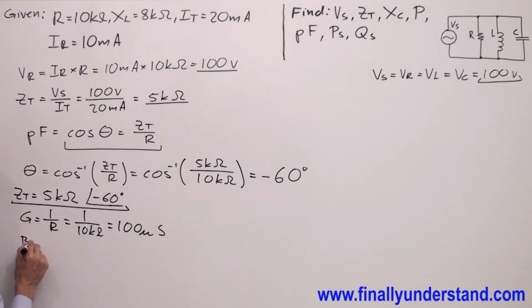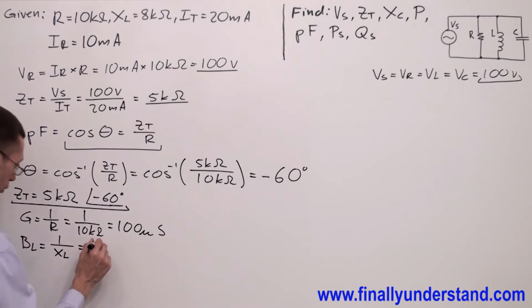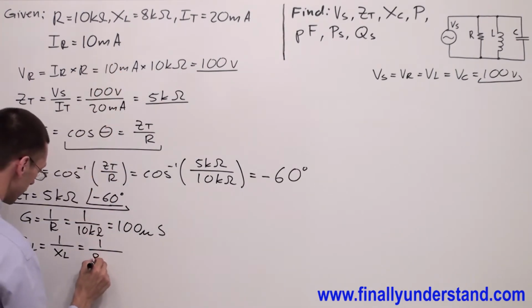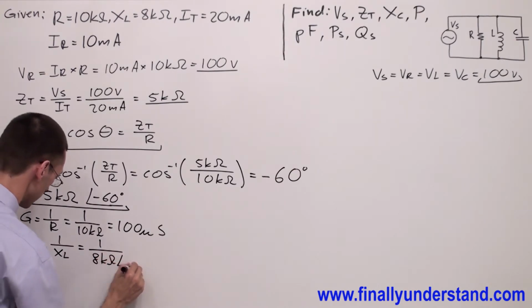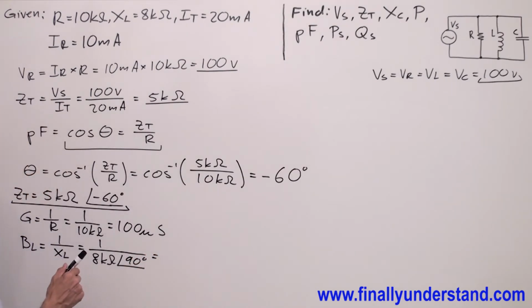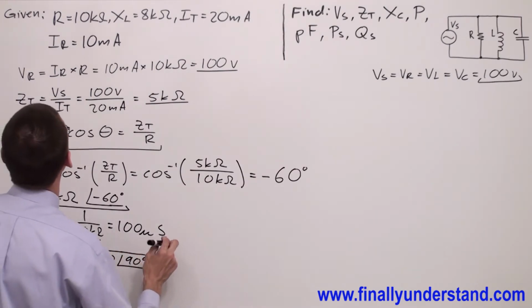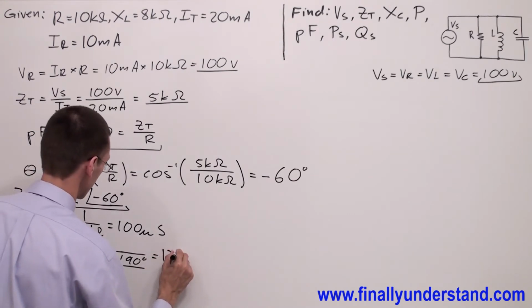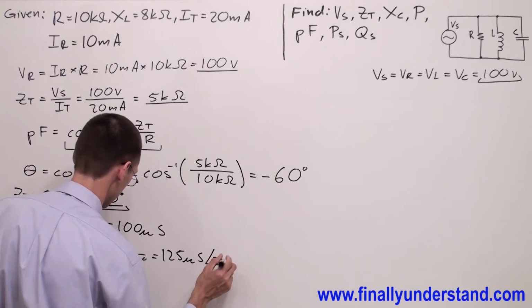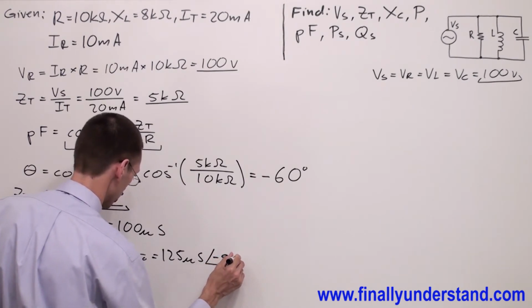Next, I can find BL, inductive susceptance. So this is 1 over XL. So this is equal to 1 divided by XL, which is given as 8 kilo ohms and angle of 90 degrees. This is equal to 125 microsiemens and angle of negative 90 degrees.